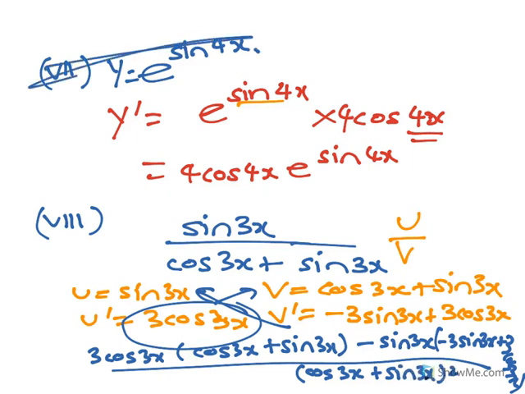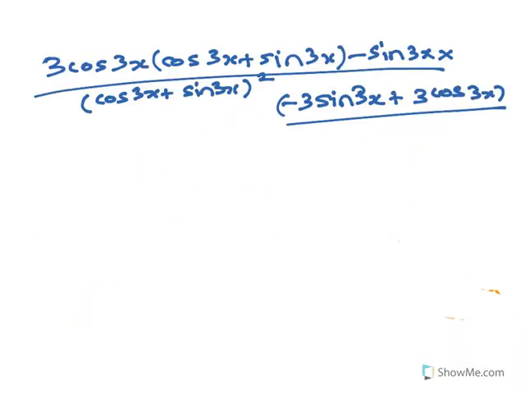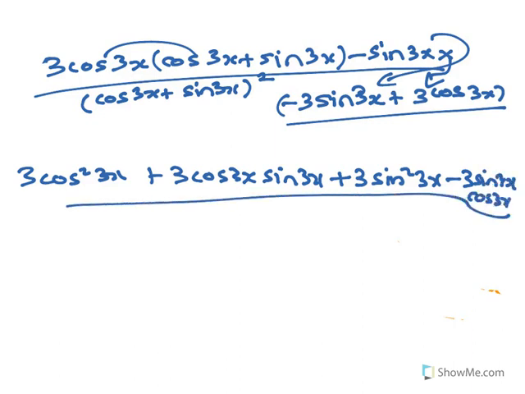I'm just going to make some room up the top here. Okay, so just continuing, expanding that, you get 3 cos squared 3x plus 3 cos 3x sine 3x, and then this one times this one, so you get plus 3 sine squared 3x, and then times that one, you get minus 3 sine 3x cos 3x, and it's all over cos 3x plus sine 3x squared.